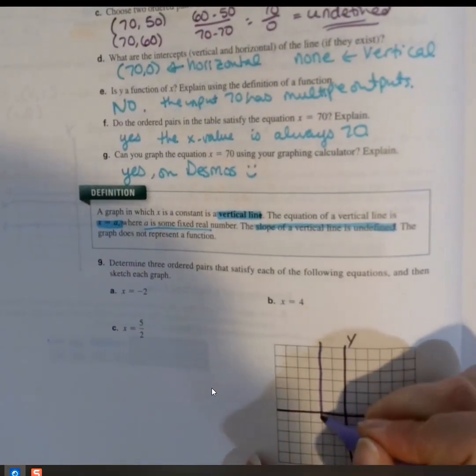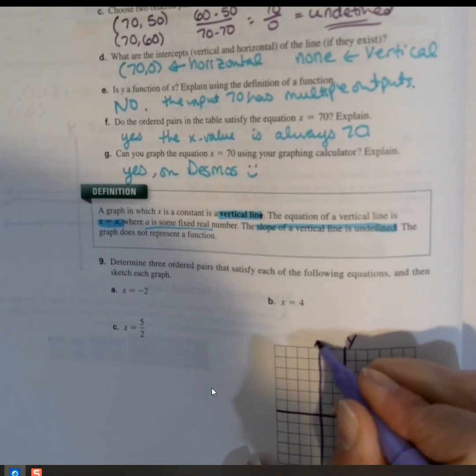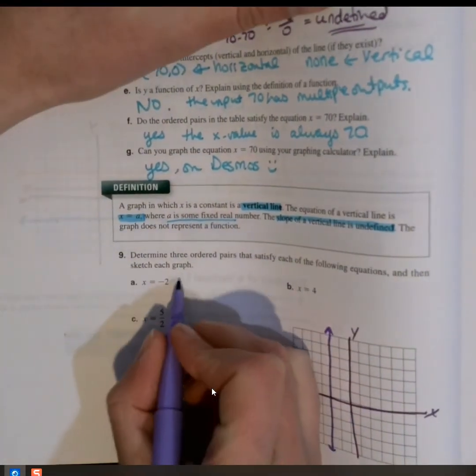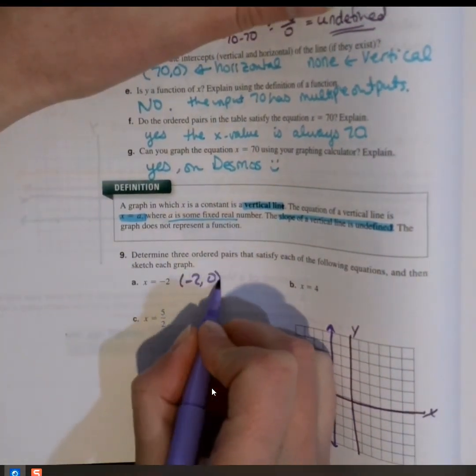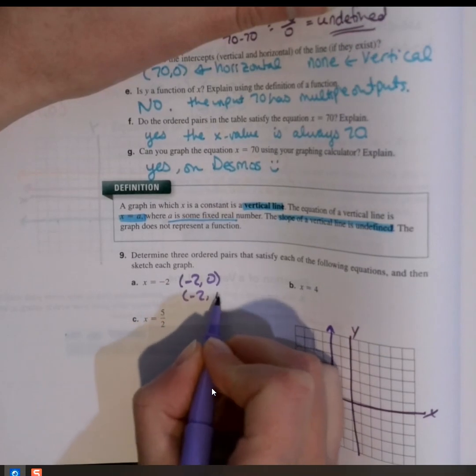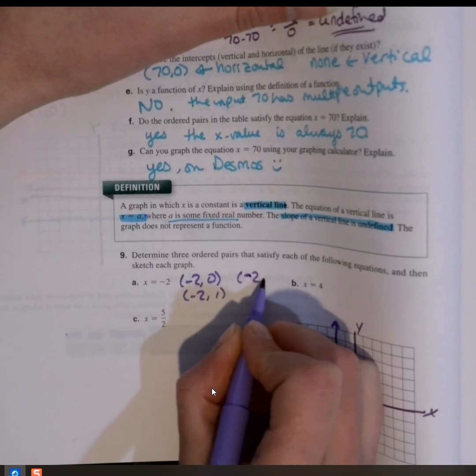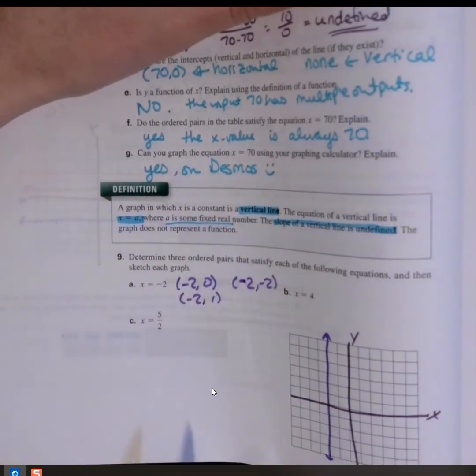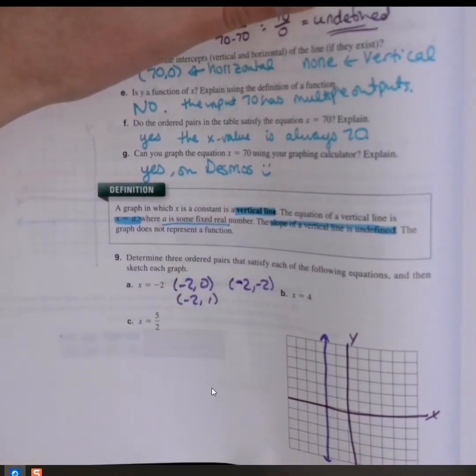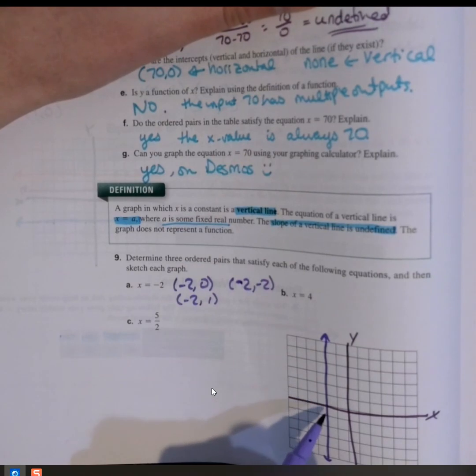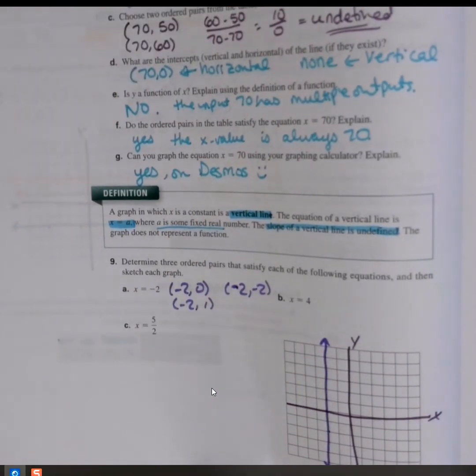It's going to go straight up and down. It doesn't matter what y is, but the x value is always -2. So (-2, 0), (-2, 1), and (-2, -2) are all points on the line, just to pick three.